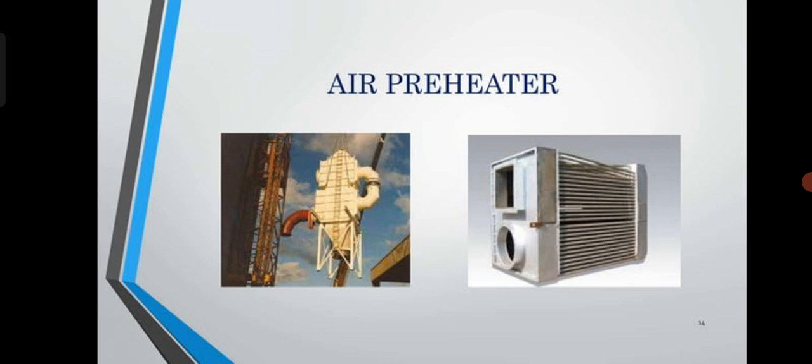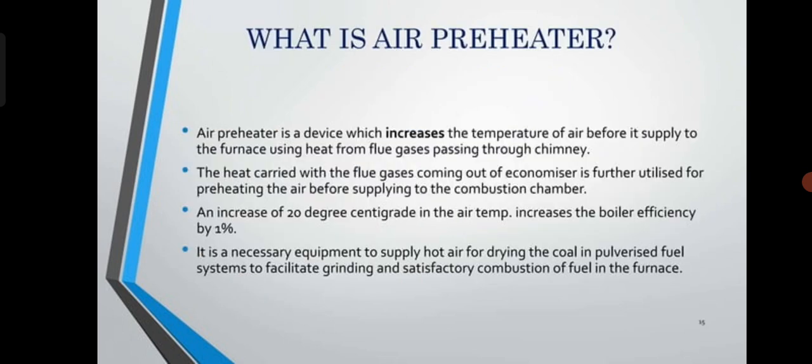And the second one is the air preheater. An air preheater is a device which increases the temperature of air before it is supplied to the furnace, using the heat from the flue gases. Passing through the chimney, the heat carried by the flue gases coming out of the economizer is utilized in preheating the air before it enters the combustion chamber.